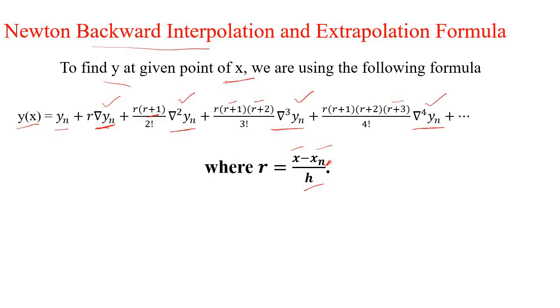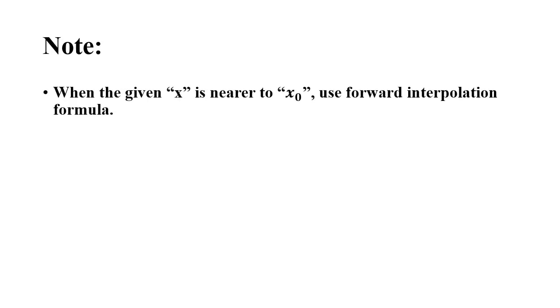So, in which case can we apply the forward and backward interpolation formula? For that, observe these two notes. You are finding the value of y at some point of x. If this x is nearer to x0, prefer forward interpolation formula.